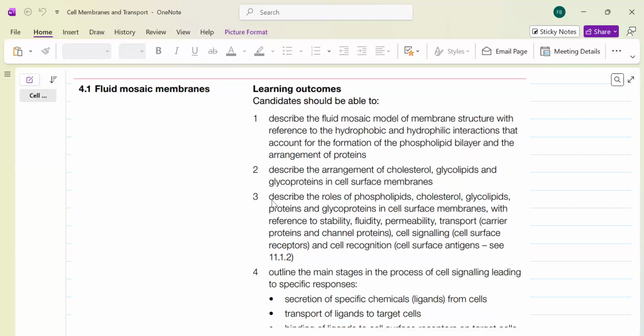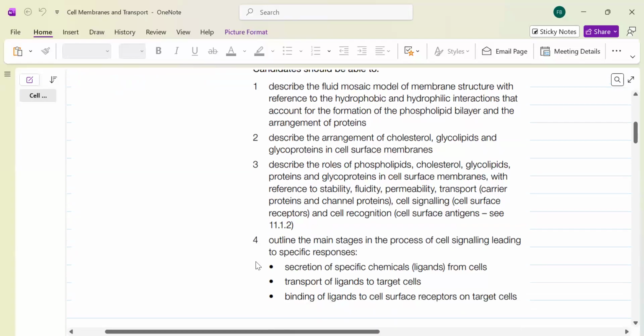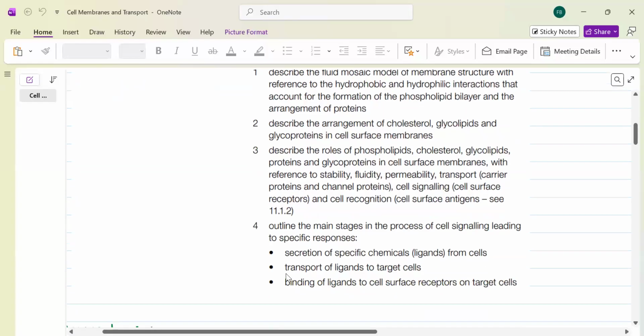What is the role of integral protein? How do they help in transportation? And then in section 4.1 part 4, we will discuss the transportation: how different molecules are transported with the help of glycolipids and glycoproteins, how different molecules enter the cell or leave the cell.